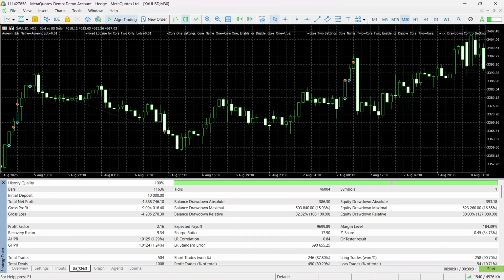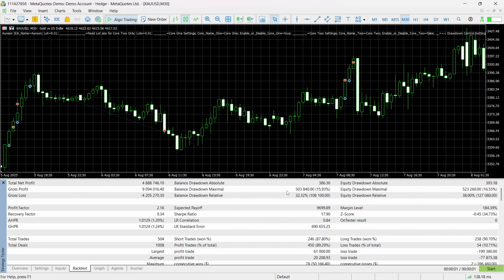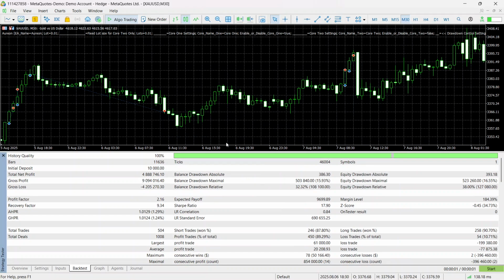Now the key numbers from the test has a total net profit of 4.9 million, profit factor of 2.16, recovery factor of 9.34, which matches the grade. Win rate sits near 89. Let me raise this up so I don't have to scroll too much.